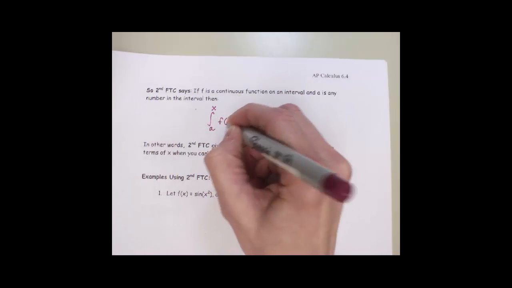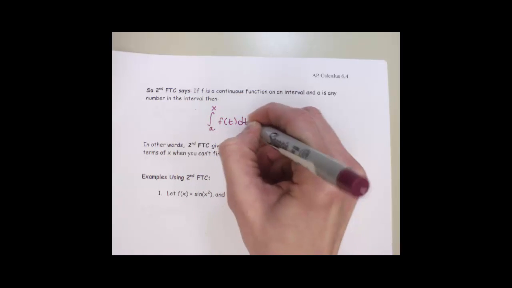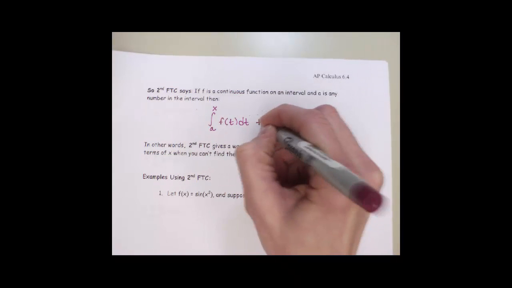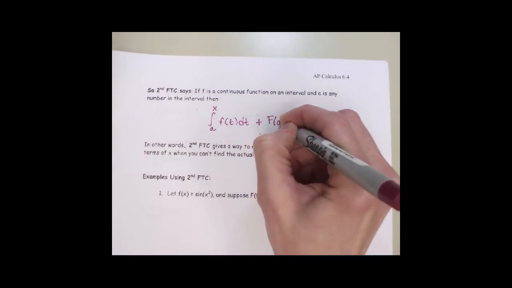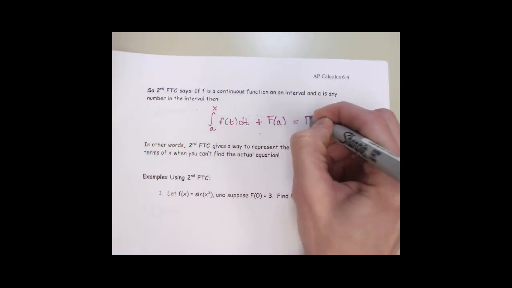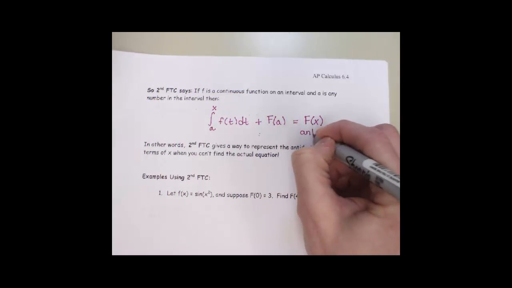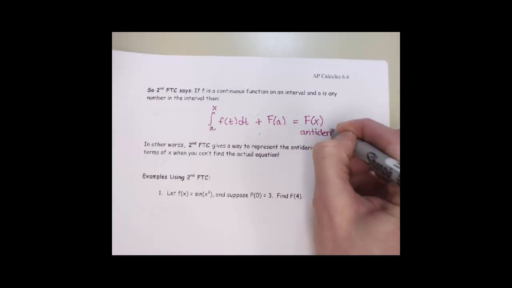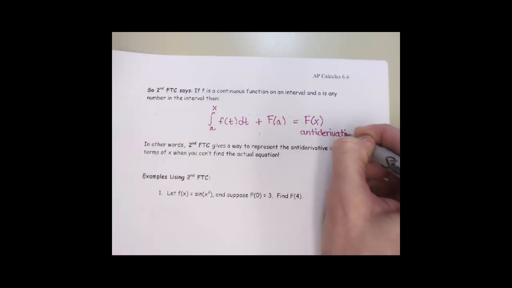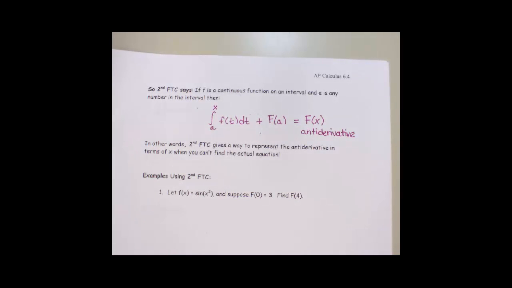And again, we have to use f of t dt plus capital F of a equals capital F of x. And again, this is just a general way of writing an antiderivative. So any antiderivative can be found by using the second fundamental theorem. Basically, the only difference is there's a variable x on the top, instead of a number b on the top.